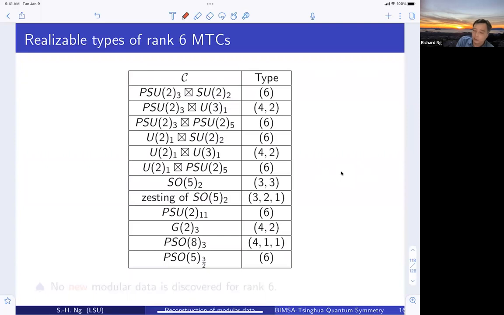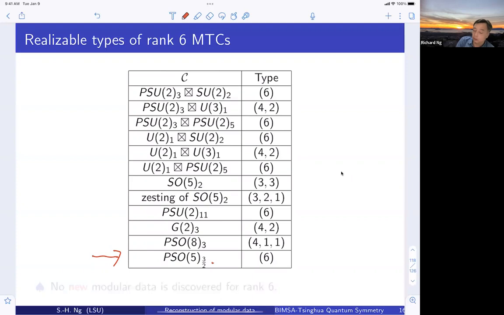So after all this, we basically find out that these are all the possible types, and they are realized by certain quantum groups, modular tensor categories. The most extreme one I would say is this one. This is the only rank 6 modular tensor category which does not have a unitary or pseudo-unitary Galois representative.